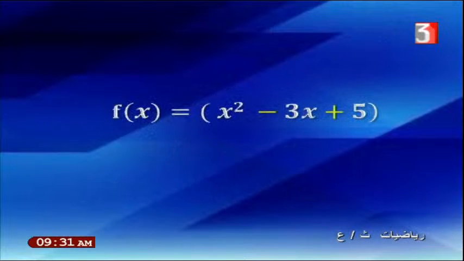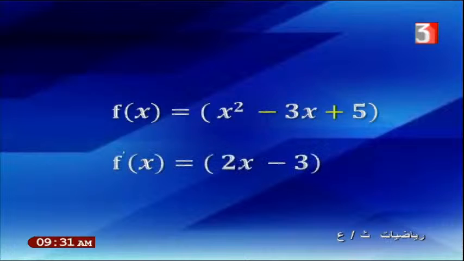First example: f(x) equals the function between the two brackets, x power 2 minus 3x plus 5. Now we differentiate this function. f dash x equals the derivative of x power 2, which is 2x, and the derivative of negative 3x is negative 3, and the derivative of 5 equals 0 because 5 is a constant.